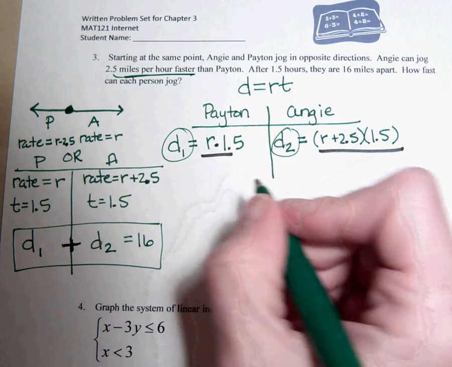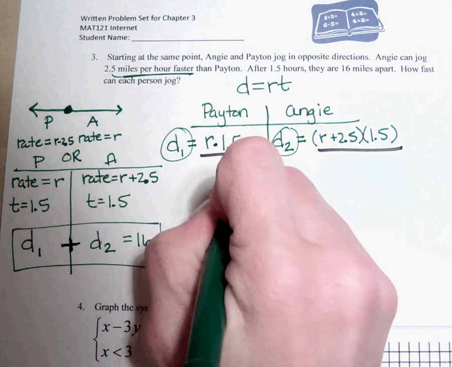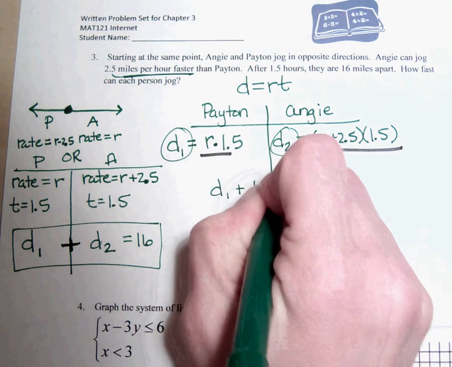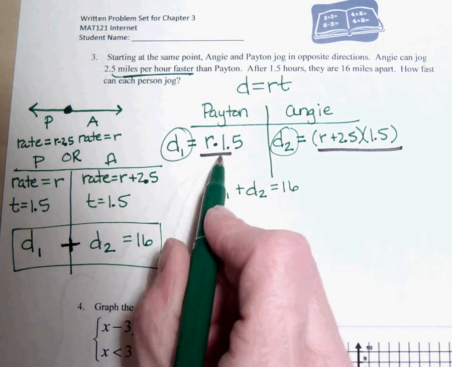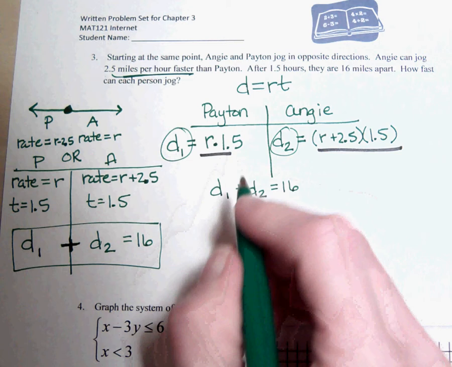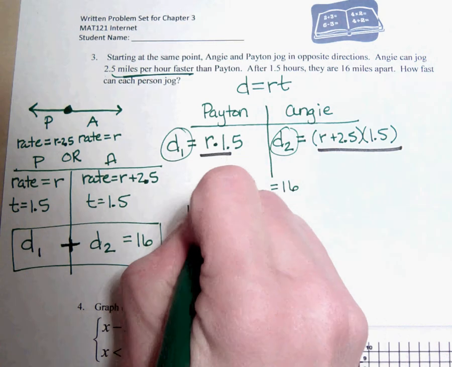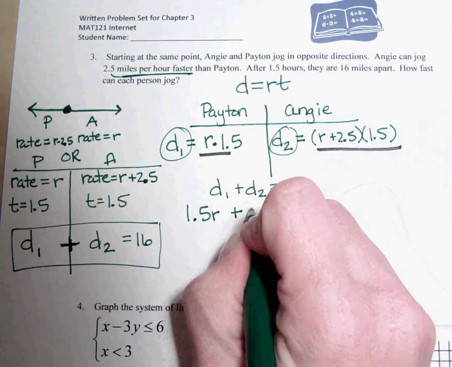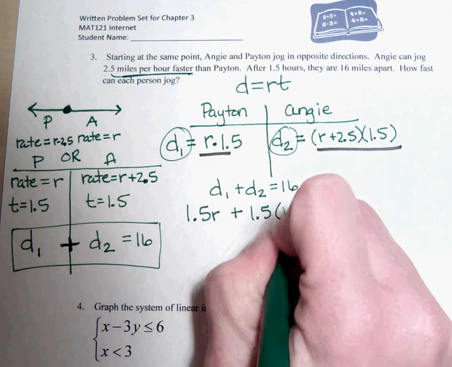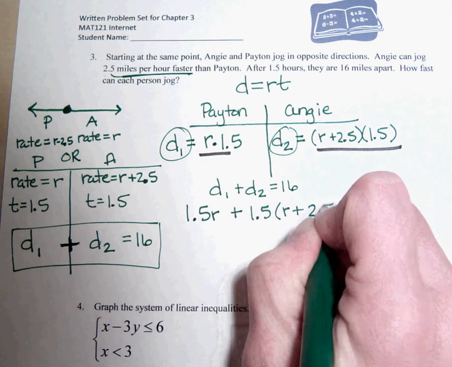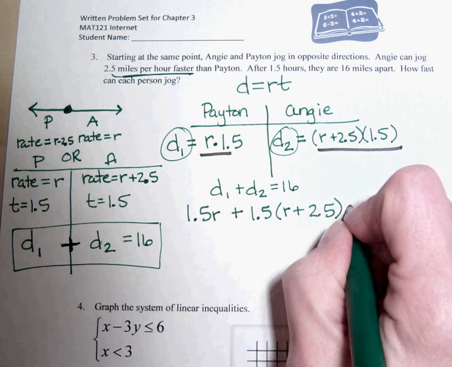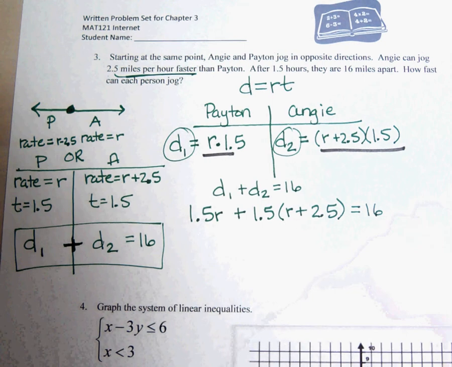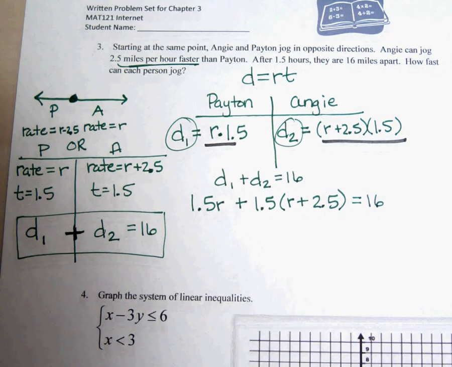So distance 1 plus distance 2 equals 16. So her distance 1 is going to be r times 1.5, which is 1.5r, plus distance 2, which is 1.5 times the quantity r plus 2.5, and that equals 16.